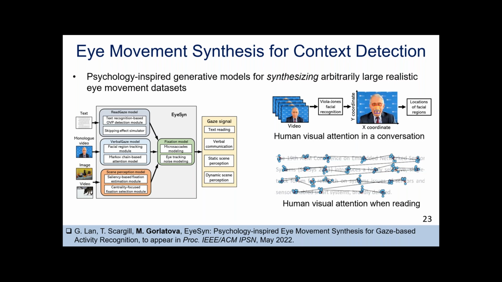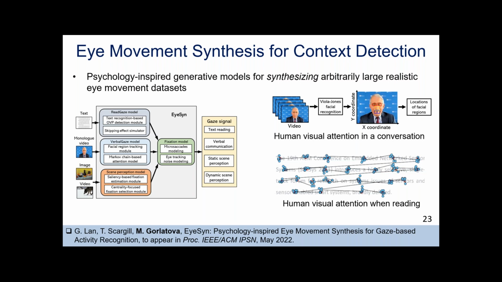What we have developed in our work is an alternative approach, where we are synthesizing gaze signals to train our classifiers. Our approach is based on the fundamentals of human visual processing. We have identified how exactly human visual processing works in several tasks, and we have designed software that emulates that to generate data that we can use to train classifiers.